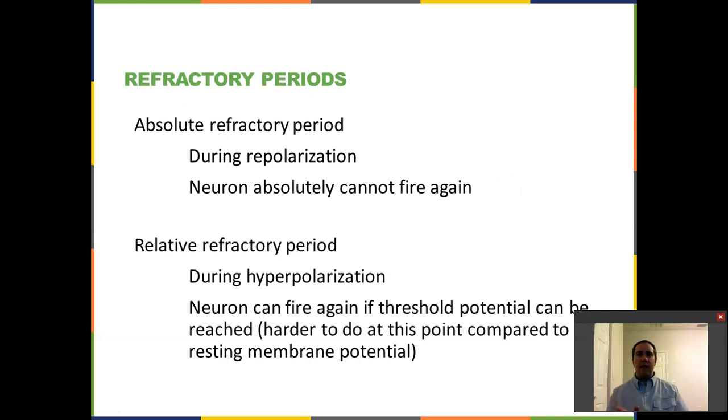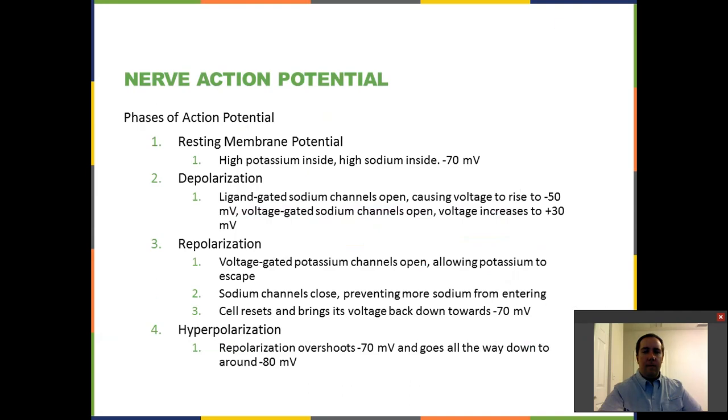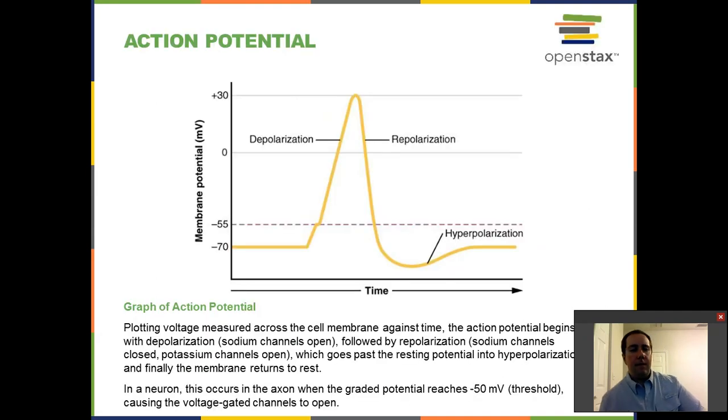Does everyone understand the difference between absolute refractory period and relative refractory period? So, the absolute refractory period is from the point that the line is at -55, and then to the point where it hits -55 again, like on the other side of the upside down V, I guess. Yeah.